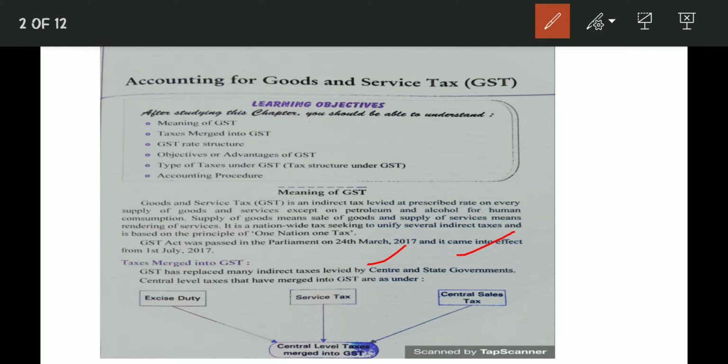Central level taxes are excise duty, service tax, and central sales tax. Now it has become CGST, Central Goods and Service Tax.